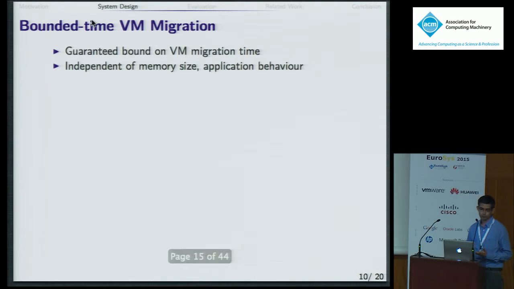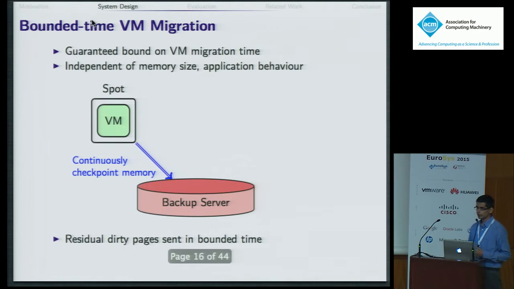So how do we solve this problem? We use a technique called bounded time VM live migration, which ensures that the VM can migrate from one server to another in a guaranteed pre-specified bounded time. Unlike live migration, this is independent of the VM memory size or the application characteristics. The way it works is a bit like live migration, but it continuously checkpoints VM memory to a disk on the backup server.